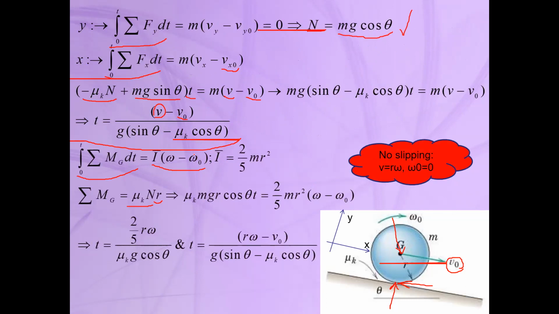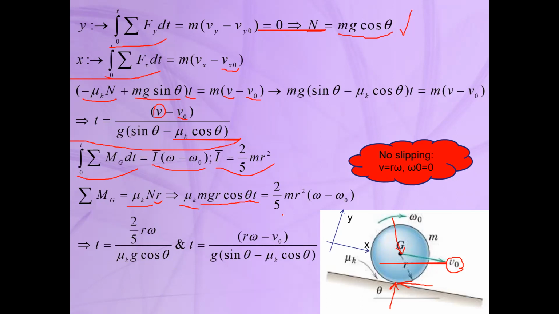I bar for a sphere, we know the mass moment of inertia about the mass center is equal to 2 divided by 5 times mass times the radius squared. So we can substitute again, instead of n, mg cosine theta times r times mu k times t.